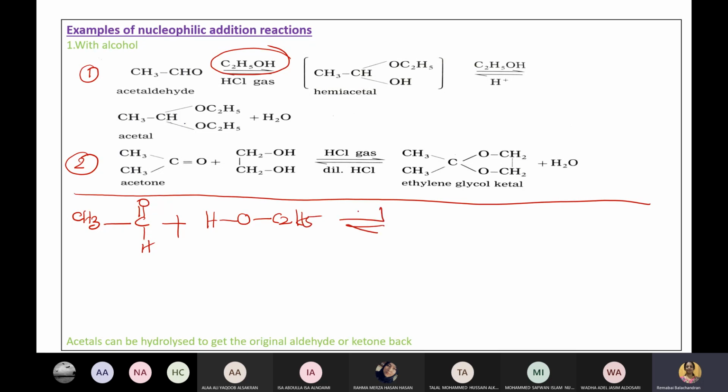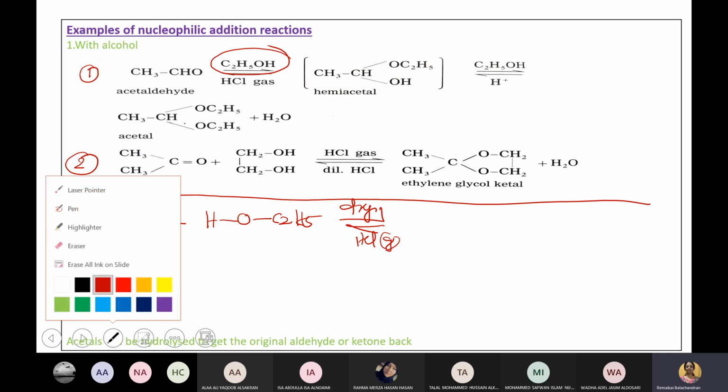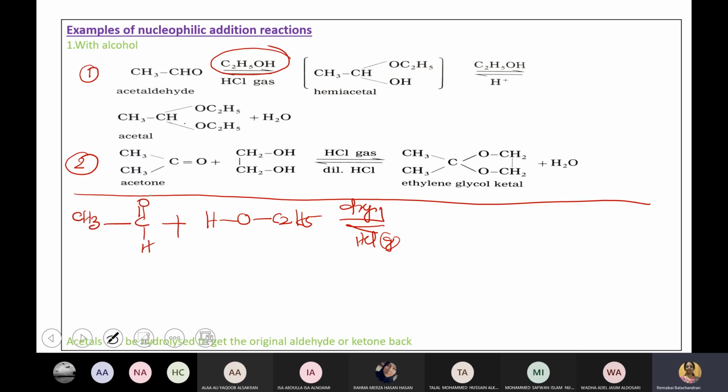This reaction is catalyzed by dry HCl gas. Just imagine we are adding 1 mole of alcohol to 1 mole of aldehyde, same amount, or 1 aldehyde group and 1 alcohol group. See, the hint is nucleophilic addition reaction depends on the intensity of negative and positive.